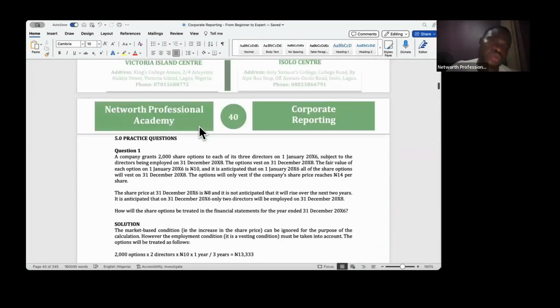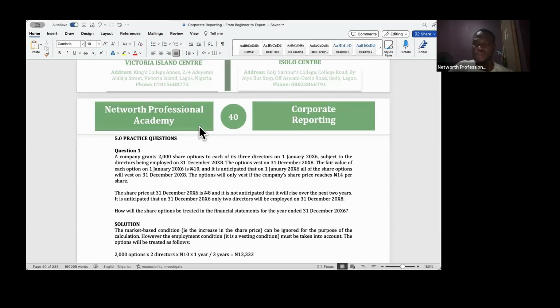Okay, so generally, what Mr. Kazim has taught you has to do with assets and liabilities. So just follow what he taught you to determine that. But for equity, for share-based payments, when the tax base is higher than the carrying amount, that would be a deductible temporary difference.